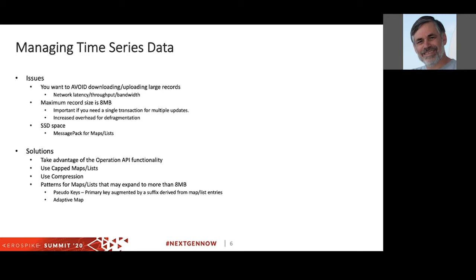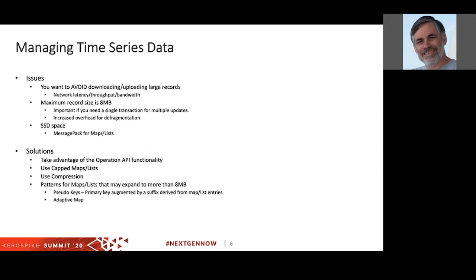If your maps and lists may expand to more than 8 megabytes, if you're not sure, then you have to address them. One approach is to use pseudo keys. If I can define my maximum size, my maximum number of records that I need to support the entire map or list when I've split it out, then I can create pseudo keys. One simple approach is to augment the true primary key with a suffix derived from the entries of the map and list.